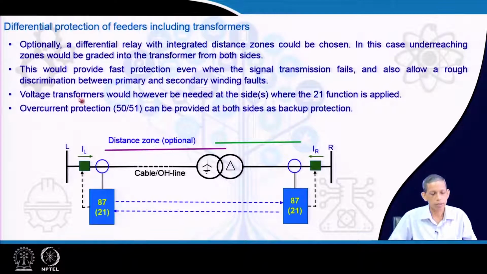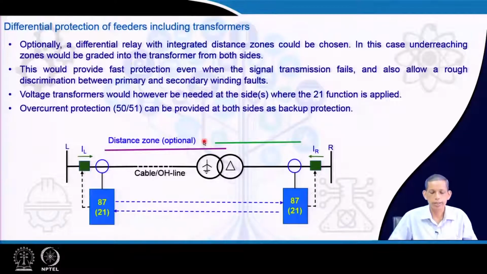This would provide fast protection even when signal transmission fails, in case of communication failure, and that is the requirement. So, the corresponding impedance setting from this side goes to one winding of the transformer, and from the other side it ends up with one winding of the transformer.